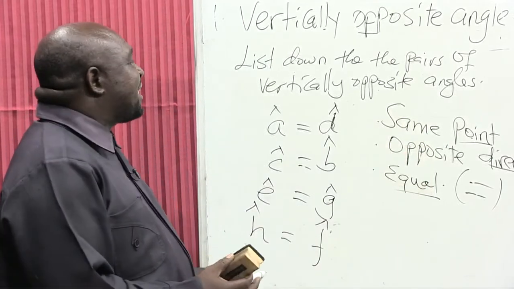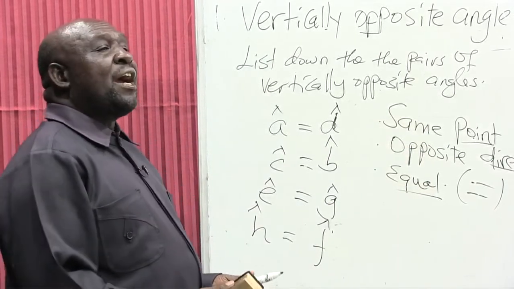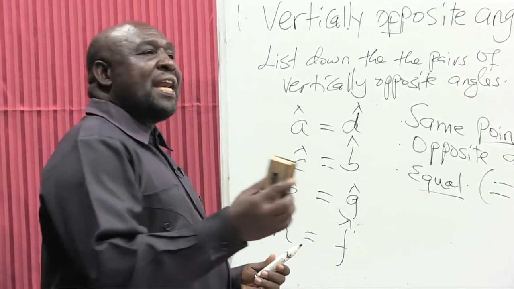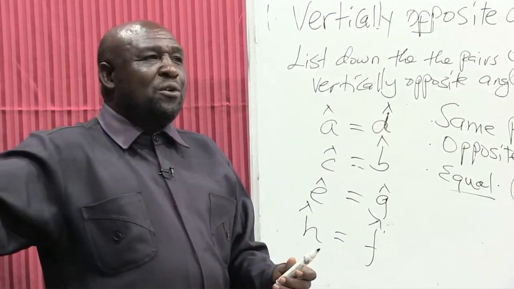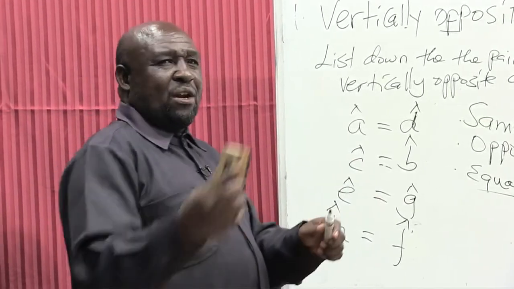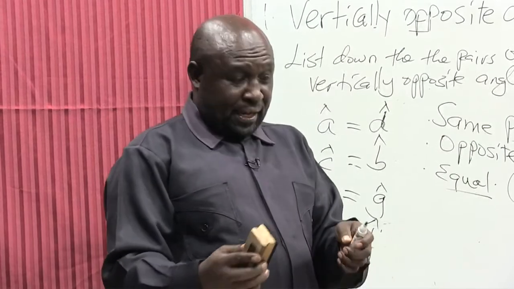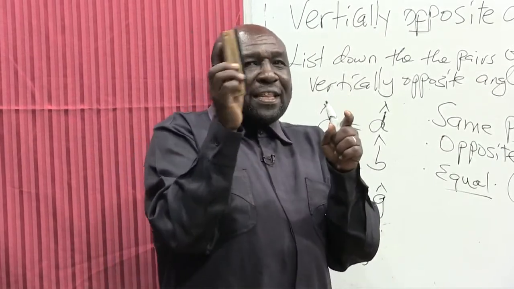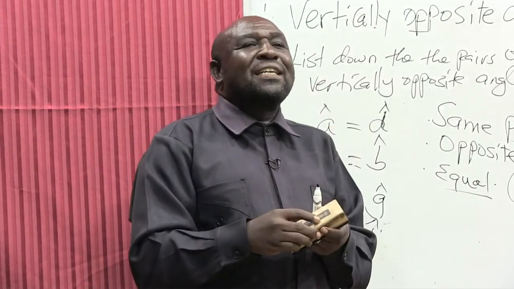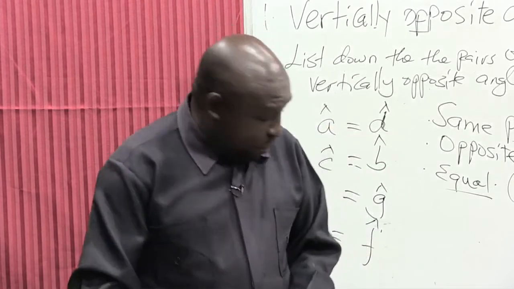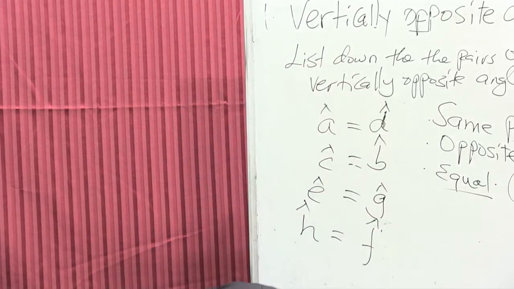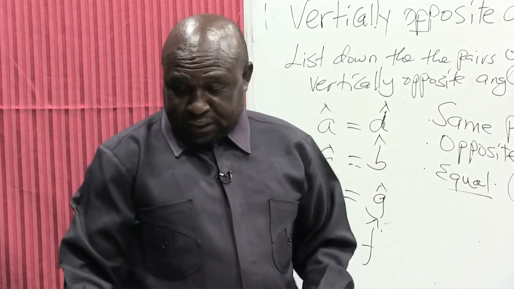Have you checked the railway line crossing the road? You see the sign, the railway line crossing the road in the geographical signs. You see that one? So that one you can check what? The vertically opposite angles.